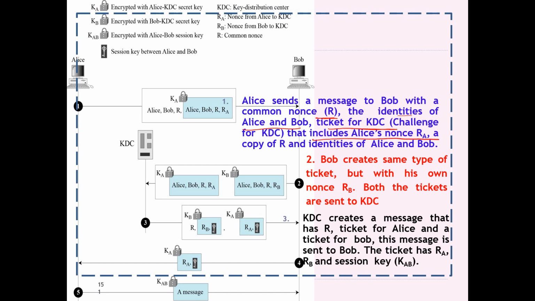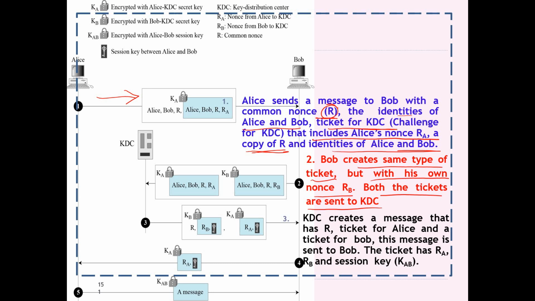That includes Alice's random number RA, a copy of R, which has been given by the KDC itself, and identifies Alice and Bob. Alright, so that whole thing is sent over here. Second point is Bob creates the same type of ticket. So it directly goes to Bob. Bob, with his own random number RB, both the tickets are sent to KDC.